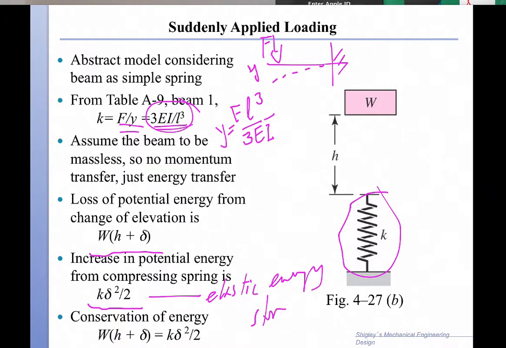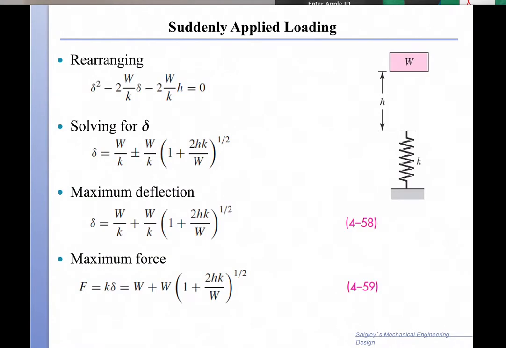If we equate the elastic energy stored to the potential energy of the falling object, then we find that we have a second order algebraic equation in delta. And when we solve for delta, we find that we have actually two values for delta.